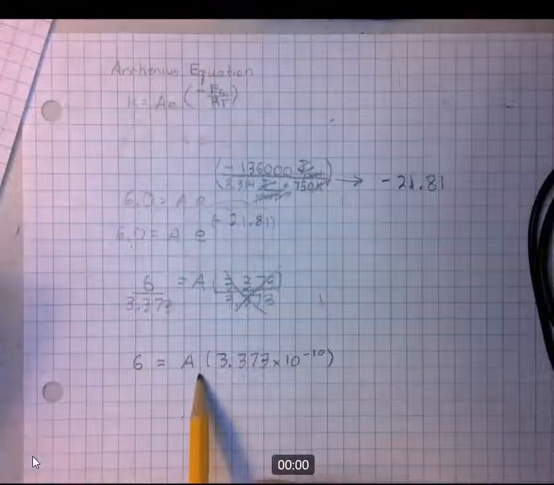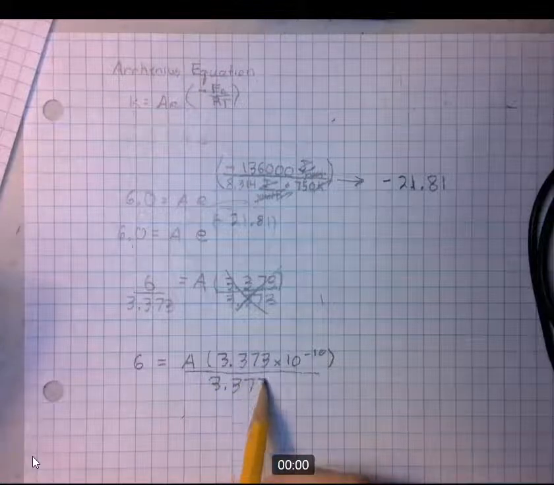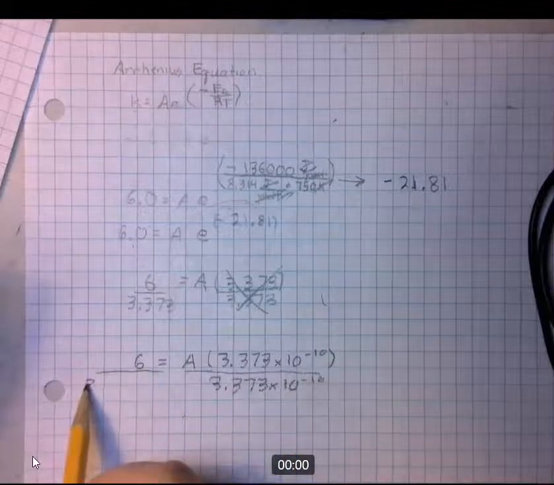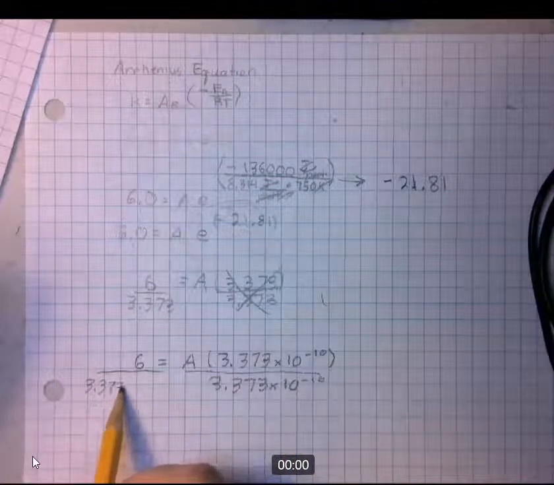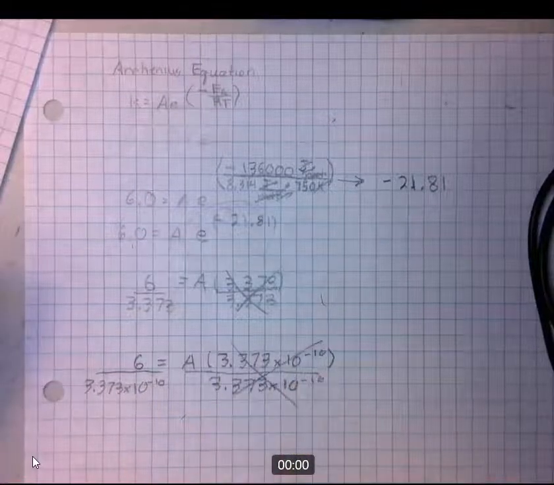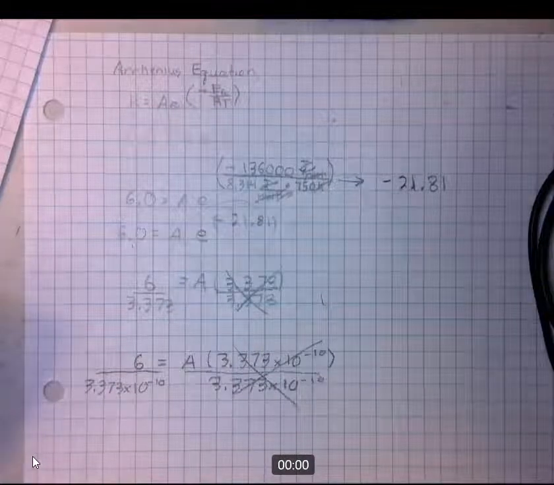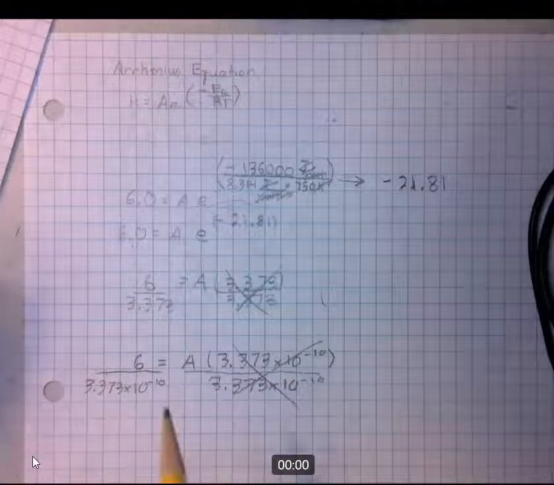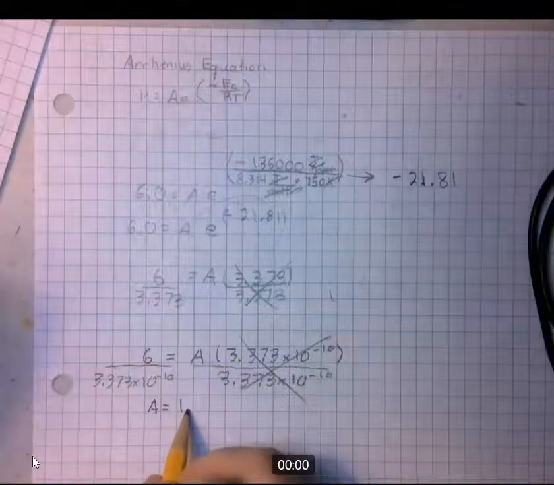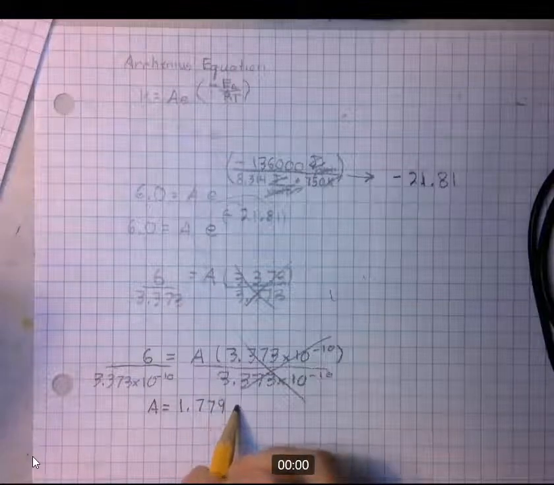Okay, so now we're going to divide both sides by this. And this goes away. What you end up with is A equals 1.779. I'm going to stop there, times 10 to the 10th.